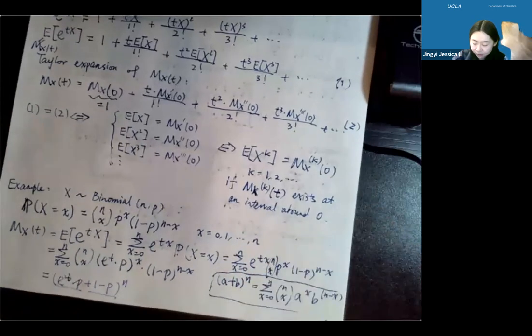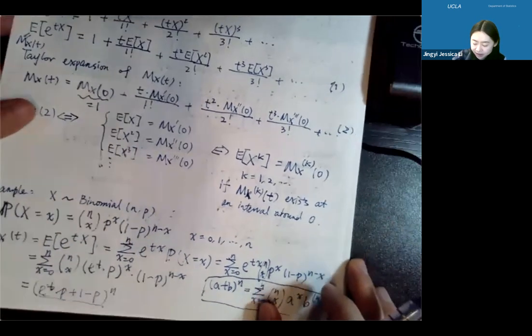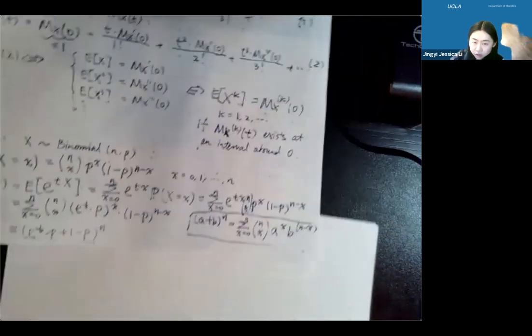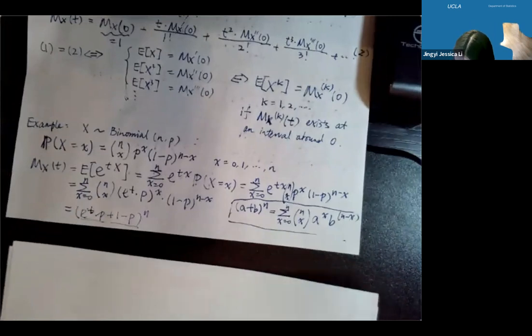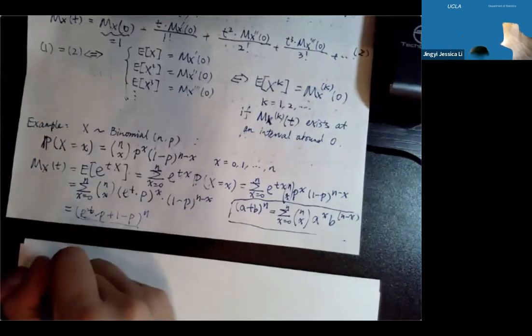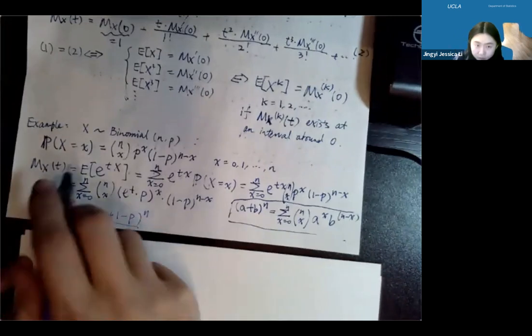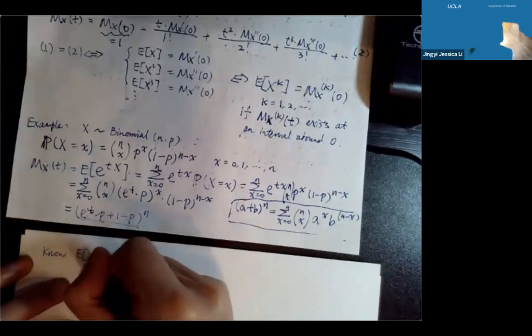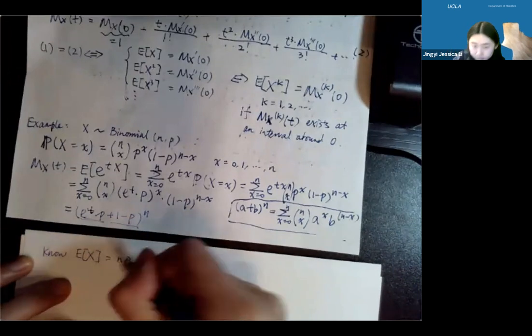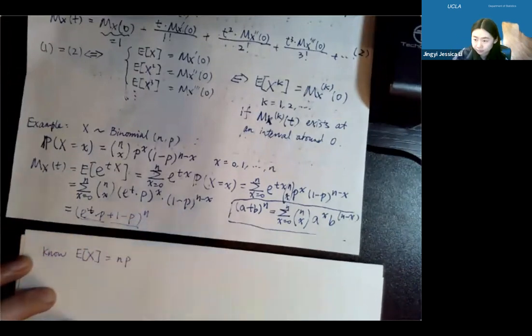Now let's quickly verify if this MGF can give us the correct moments. Based on our knowledge, for the binomial X, the expectation, the first moment, is n times p.